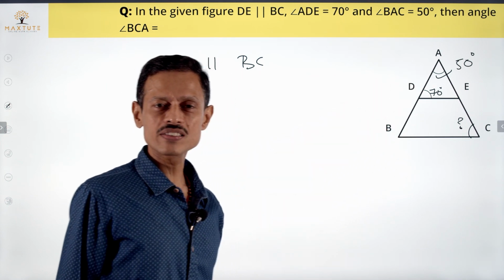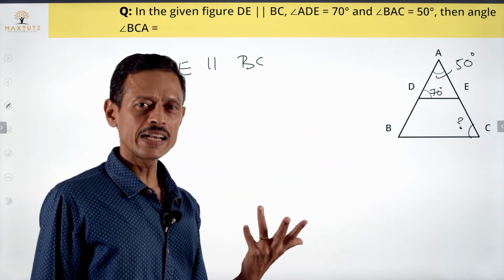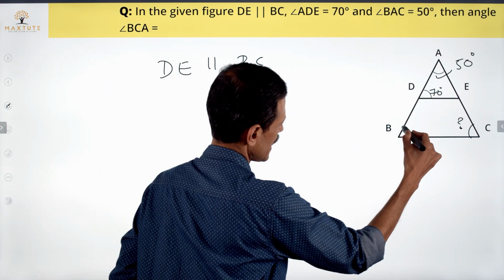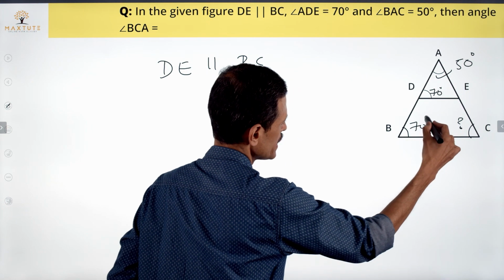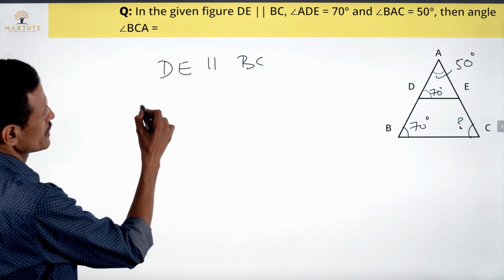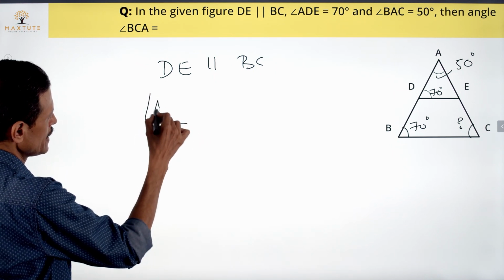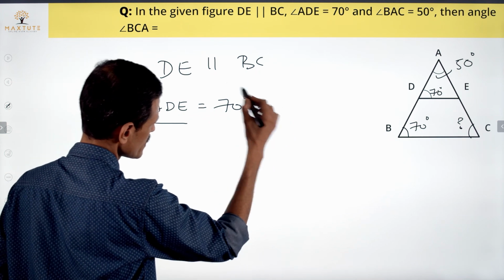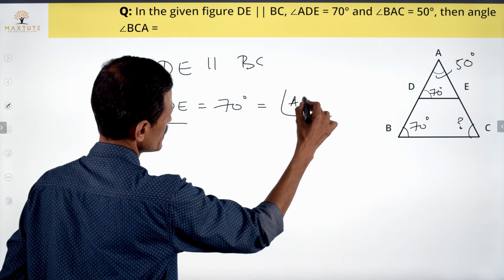AB is a transversal that cuts through it, which means corresponding angles should be equal. Angle ADE, if it is equal to 70, angle ABC will also be equal to 70 degrees. So because DE is parallel to BC, angle ADE, which is given to be equal to 70 degrees, will be the same measure for angle ABC.